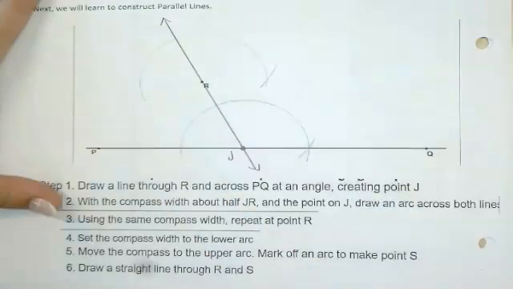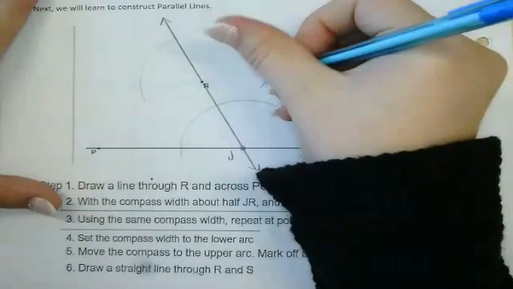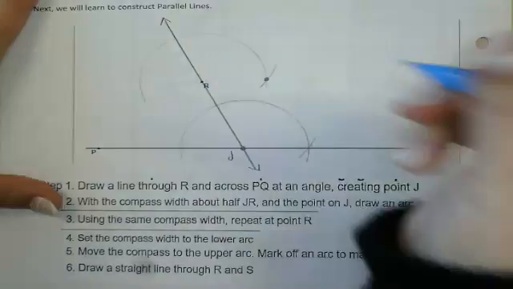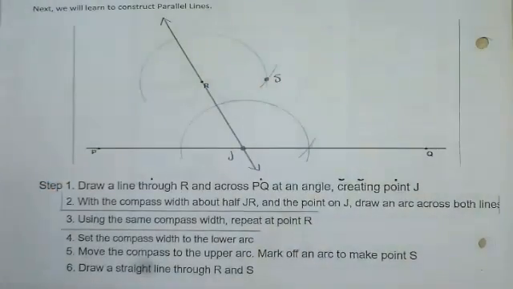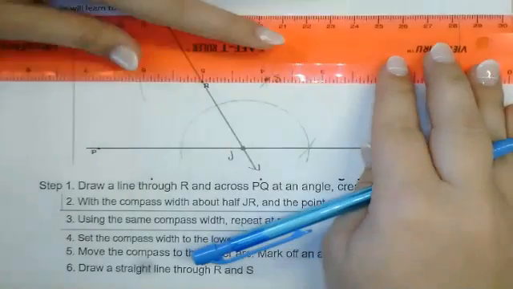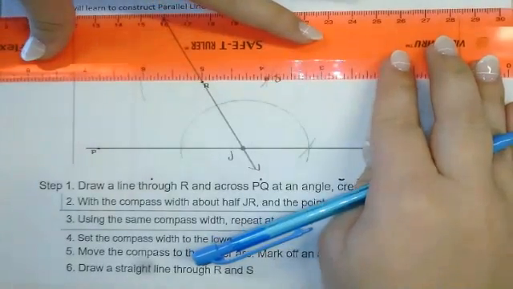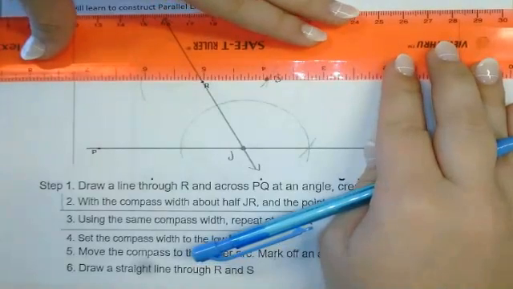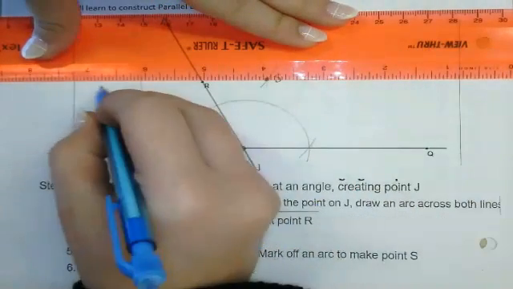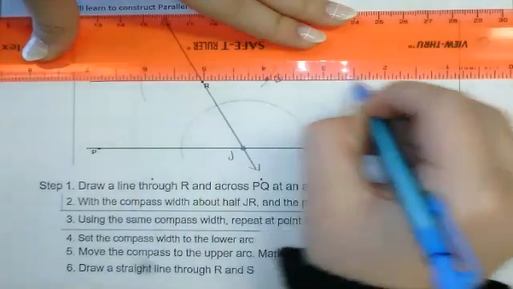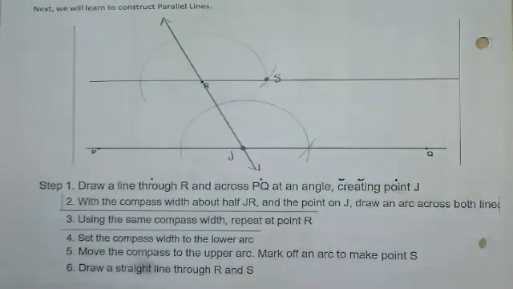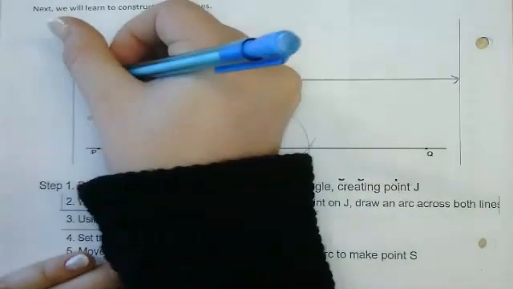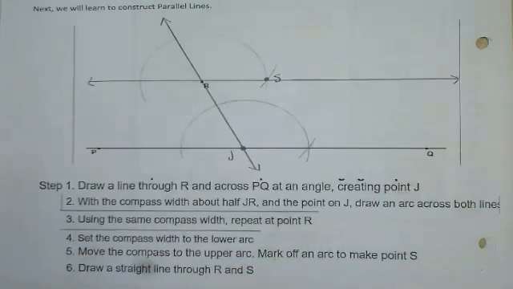And it says to name the intersection that we just made up here point S. It then says we need to take our straight edge and draw a line segment through R and S. So there's my segment that goes through both. So there is my parallel line segment.